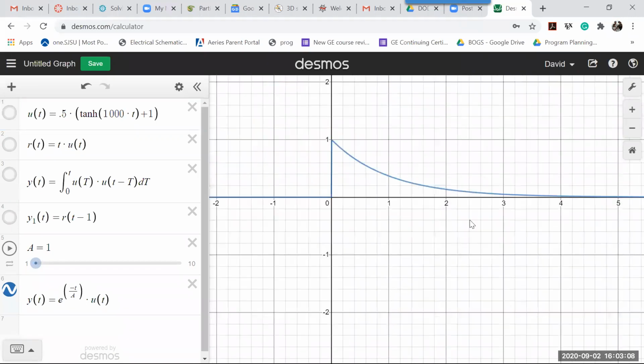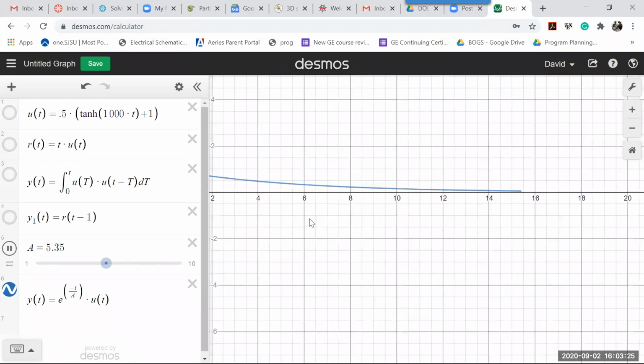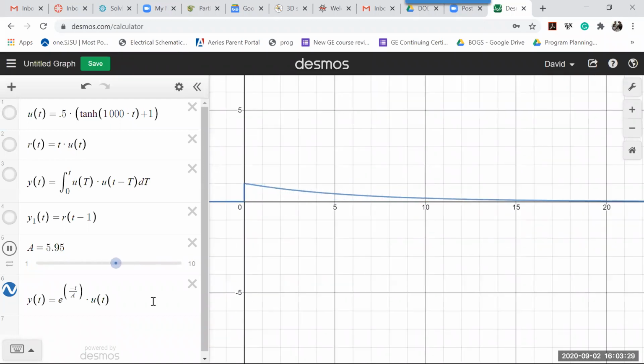But here's the important thing: it effectively goes to 0 in 5, because right now tau is 1. If I play this animation, as tau goes out to 10, it takes 5 times 10 to go to 0.